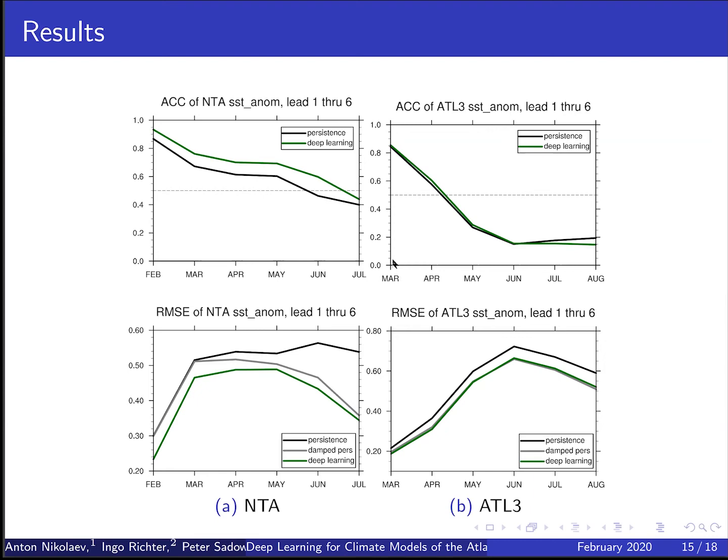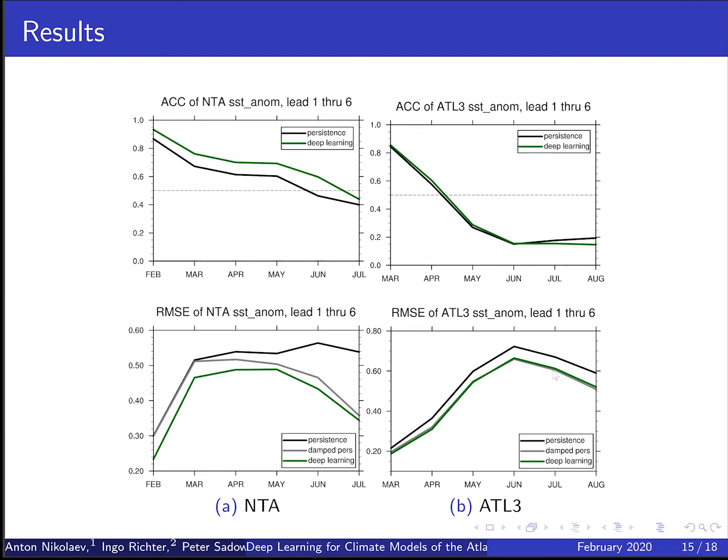So the ATL3 region is particularly interesting to people because it's where hurricanes start that end up hitting the East Coast. And so there's a lot of interest in predicting what's going to happen in the ATL3 region in order to do hurricane forecasting. So the original goal of this project was to see if we could do better prediction of ATL3 in order to do that forecasting.